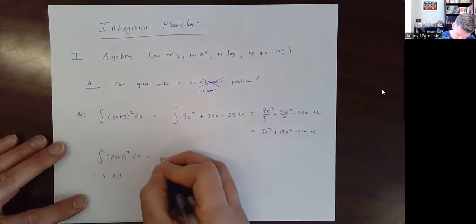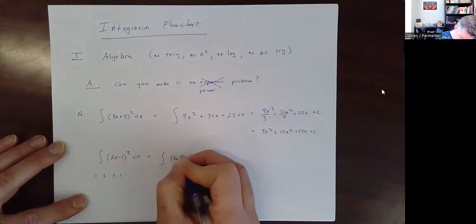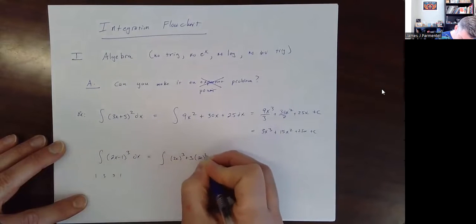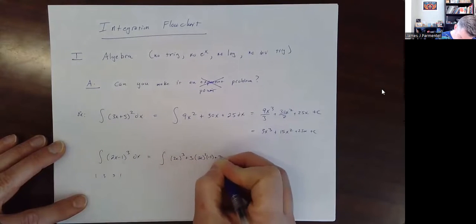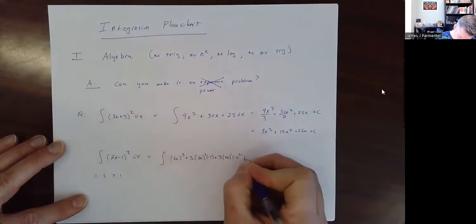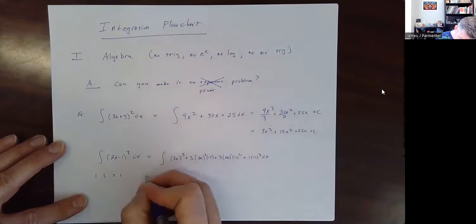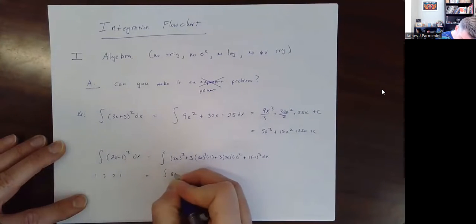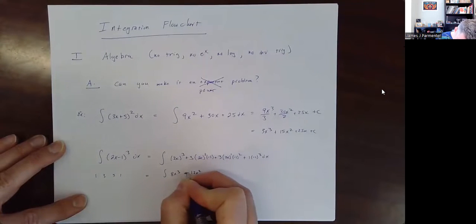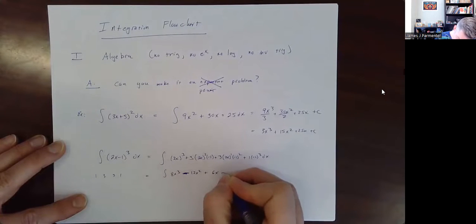We're getting the integral of 1 times (2x) cubed plus 3 times (2x) squared times -1 plus 3 times 2x to the first times (-1) squared plus 1 times (-1) cubed, which simplifies to 8x cubed plus 3 times 4 is 12x squared, so it's minus 12x squared plus 6x minus 1.